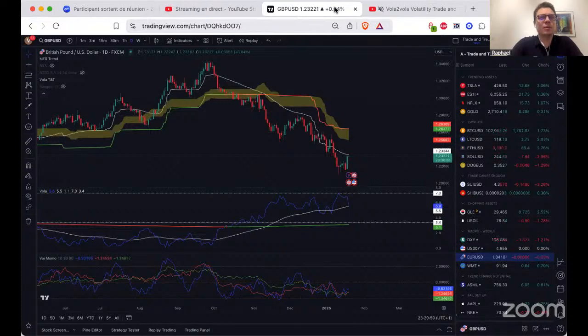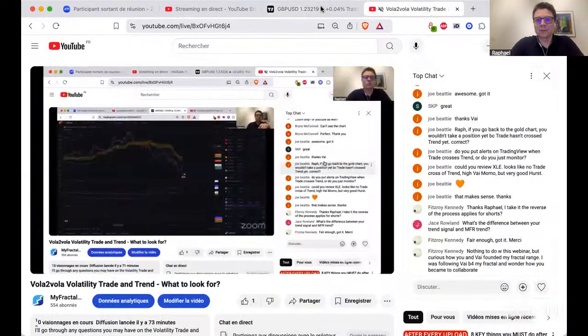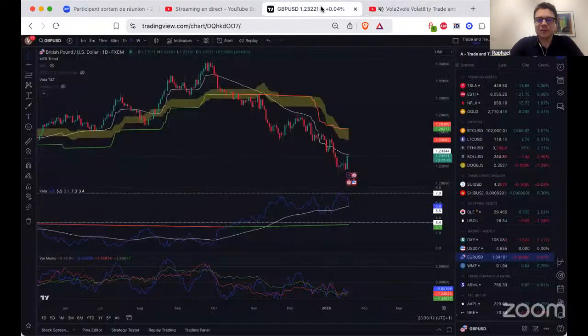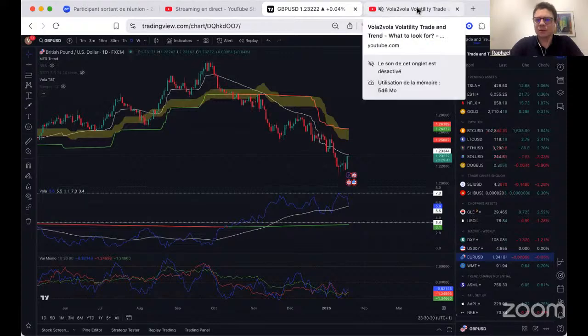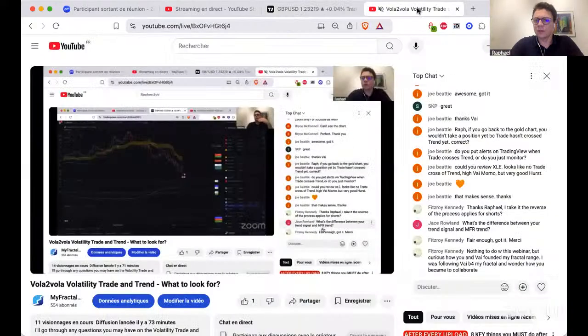The problem is I was stuck, and I met our third partner, and he helped me regarding range, and he said, oh, I know a guy who actually cracked the code, and that was Vi. So he introduced me to Vi, and then we thought, oh my God, we have a good product, and why don't we launch something to improve the training of people? That's how it was created. That's how we met. That was a question from Fitzroy Kennedy.